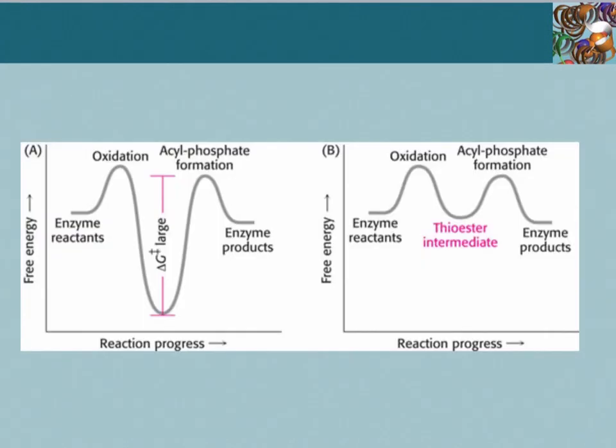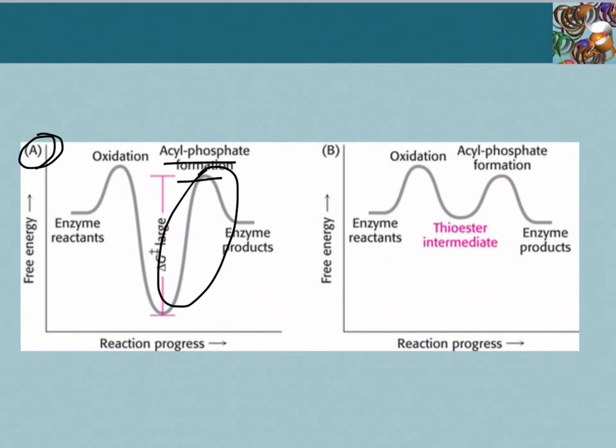So this slide is showing you the favorable oxidation and the unfavorable phosphorylation reactions that are coupled by the thioester intermediate. If you look at A here on the left, A is a hypothetical case where there's no coupling between the two processes. So you can see that there's a very large activation energy to overcome in the acyl phosphate formation.